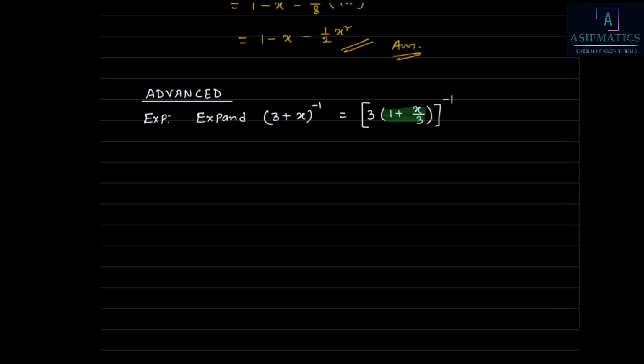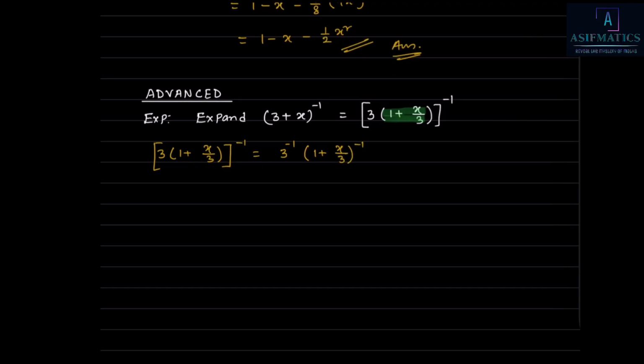So finally we can write it like 3 to the power minus 1. So from here we can write 3, 1 plus x by 3 whole to the power minus 1. It means 3 to the power minus 1 into 1 plus x by 3 to the power minus 1.